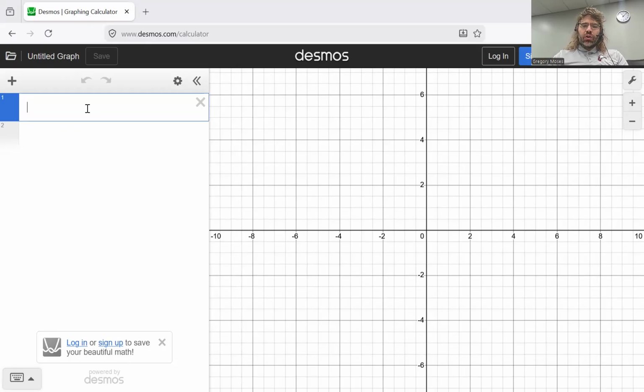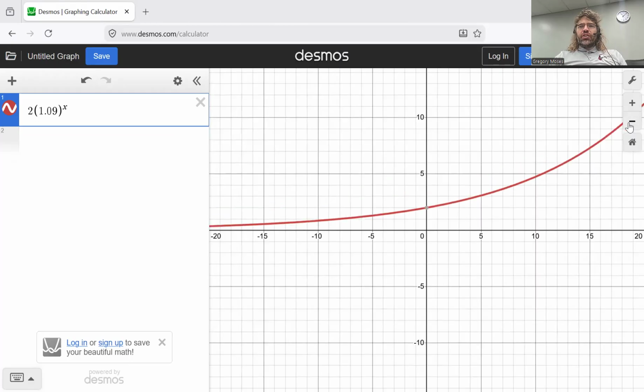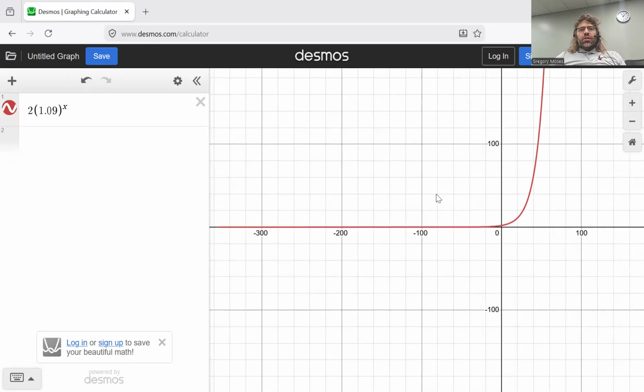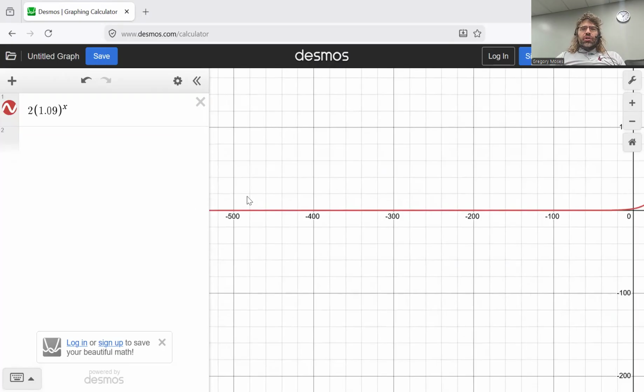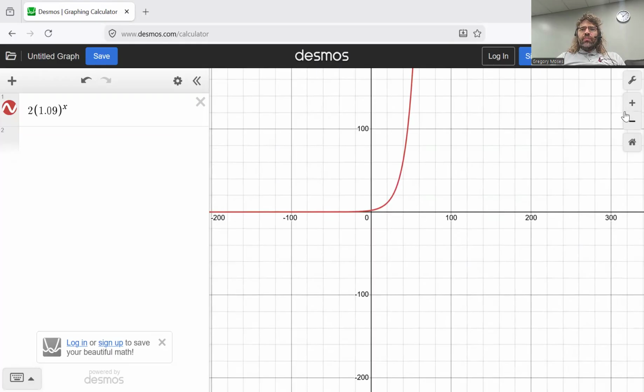So depending on whether the function is increasing or decreasing. An exponential function where the quantity is increasing looks like this. So there's a horizontal asymptote of 0 in the negative direction.